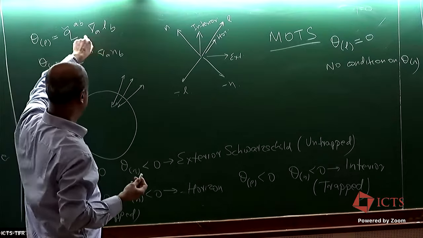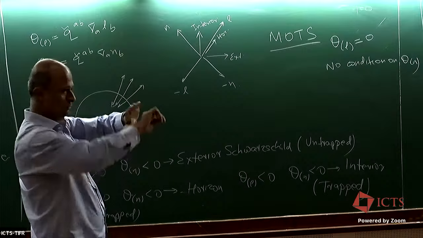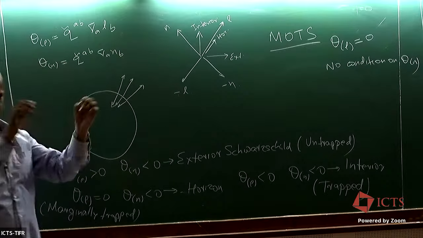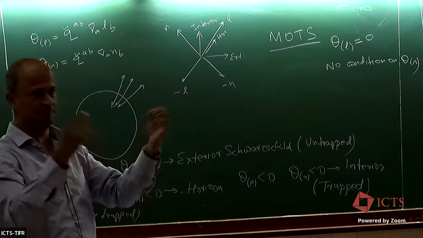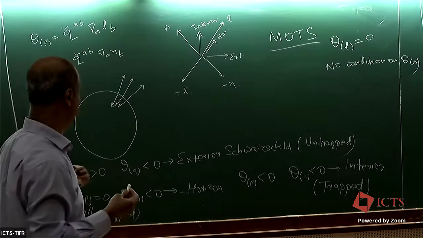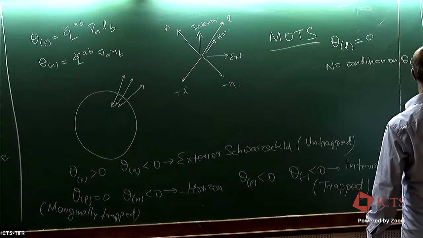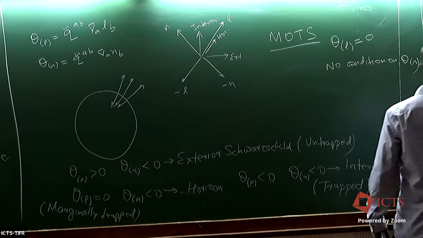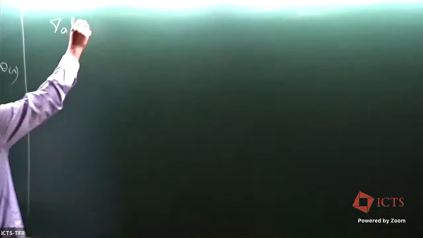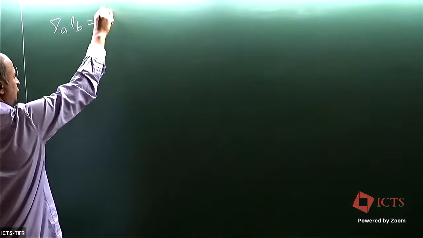In this tensor, I'm always restricting these indices to be on the surface S. In the case of a sphere, this would just be the theta and the phi directions on the sphere. Okay? So in general, I can decompose this tensor LB as a trace part, which would be half.